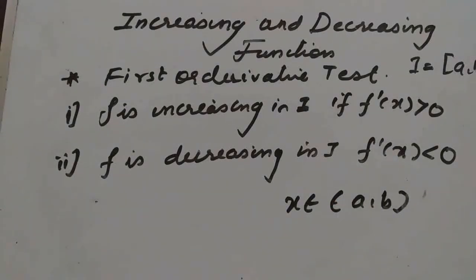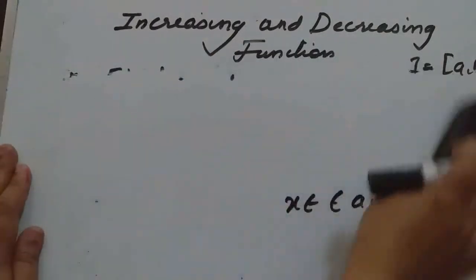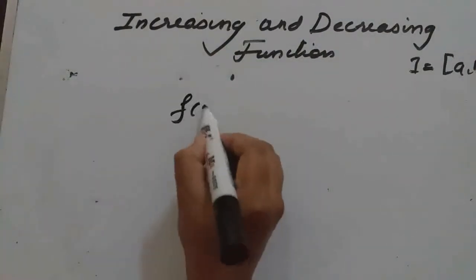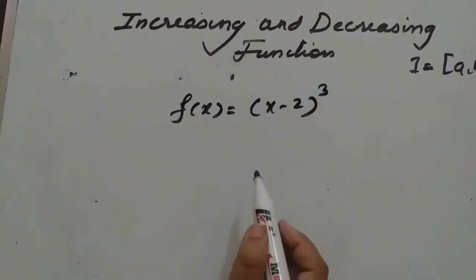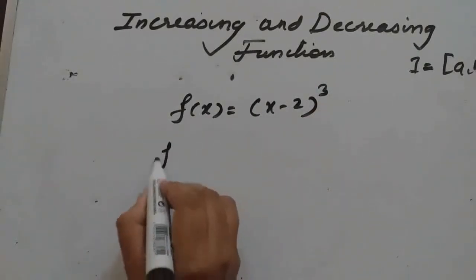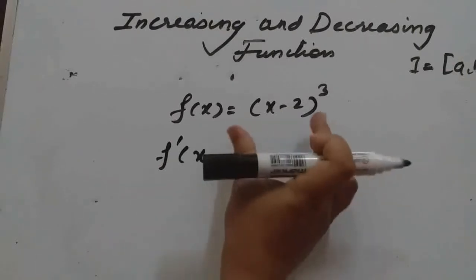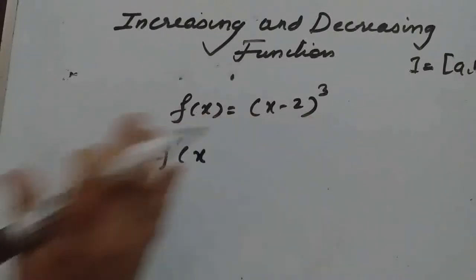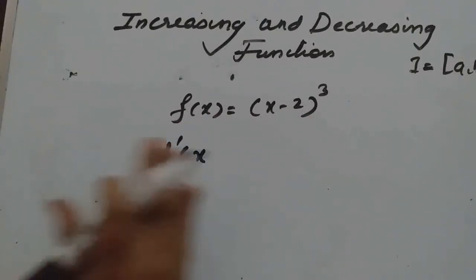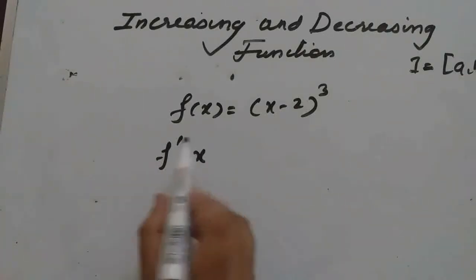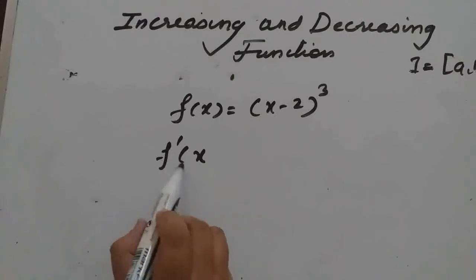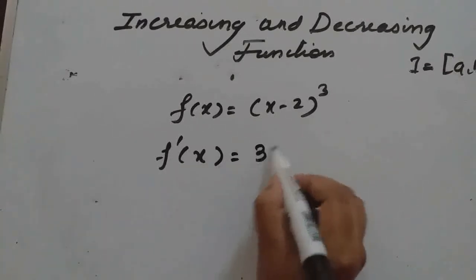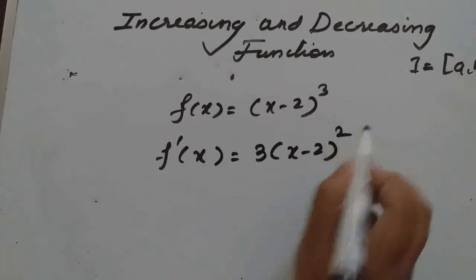How does it work? See, f of x, suppose a complex example, x minus 2 cube. This particular example you can't solve using the definition, it will be too complex. But if you use the first order derivative test, f dash of x will be, by the power rule, 3 into x minus 2 square.